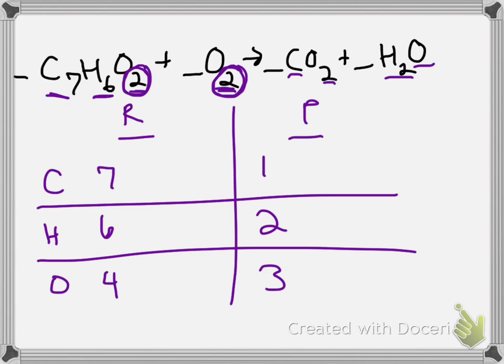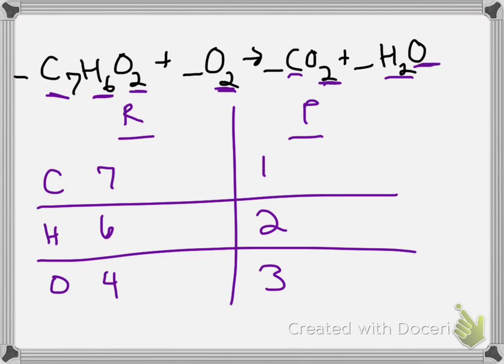Any coefficient that we put in these spots, because oxygen is multiplied by 2, we will always have an even number of oxygens. Because oxygen is always multiplied by 2 because it has a 2 as a subscript. So that means on our product side, the oxygen also needs to be even.